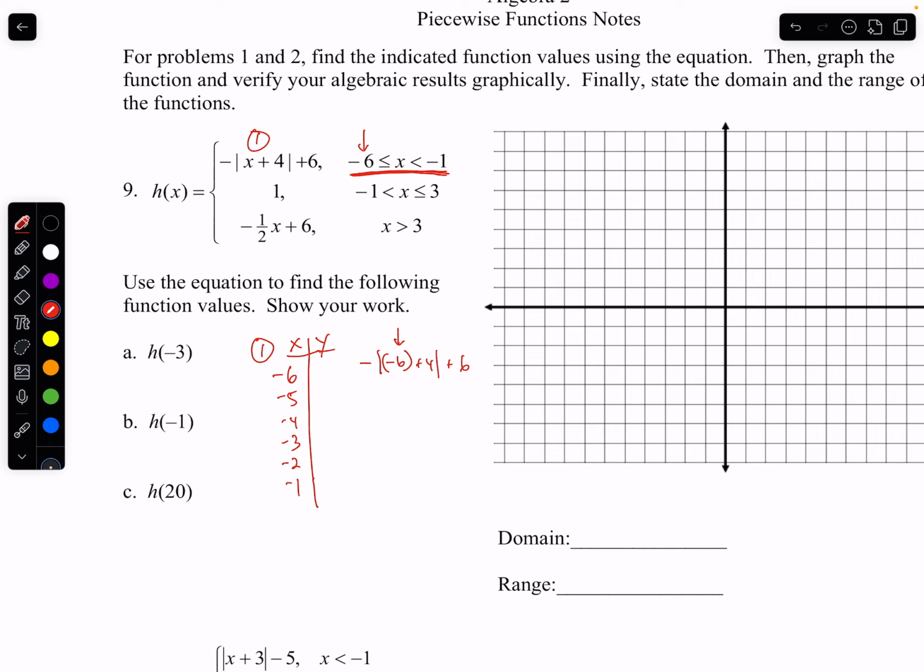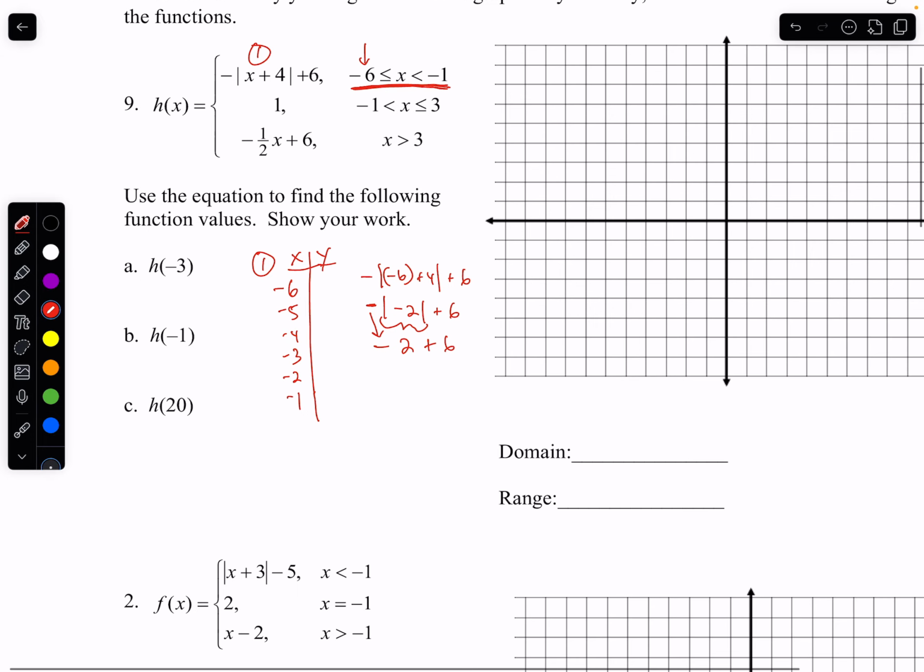All right, so now I do -6 plus 4 is -2 inside the absolute value. And then the absolute value of -2 is +2, but then there's already a negative sitting on the outside. So this part here became +2, but that negative sign comes down. And then -2 plus 6 equals 4.